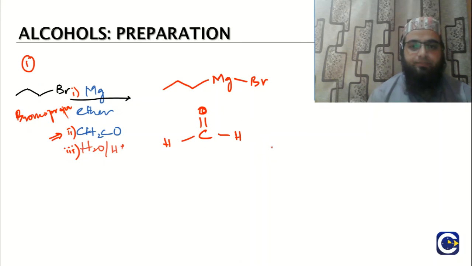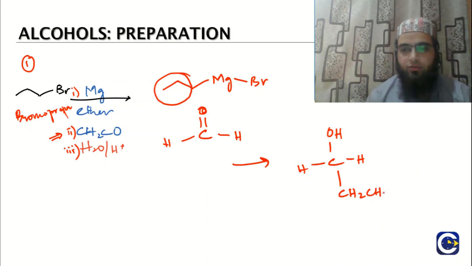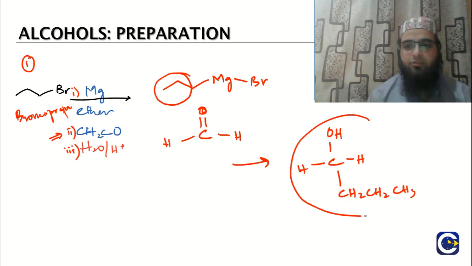So we'll be getting CH2OH, this is the alcohol group, and to this carbon will be attached the alkyl group, which in this case will be this part of the Grignard reagent, CH2CH3. So this will be the product of the reaction.